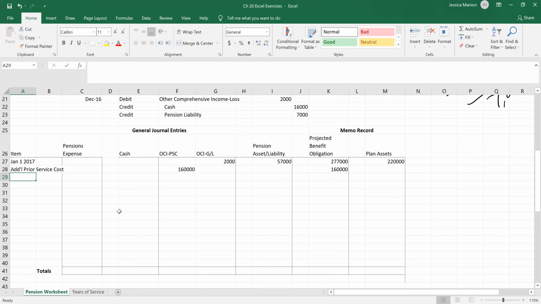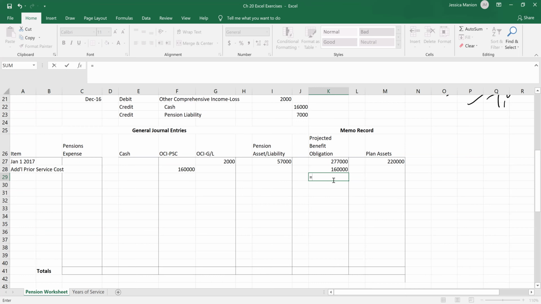Remember, it goes to other comprehensive income because we're not expensing the whole thing. We're only going to expense a portion of it. We're only going to amortize a portion of it. So that prior service cost was the first thing that we needed to deal with on that worksheet. And now, when we've got that additional prior service cost that we add on, that increases the projected benefit obligation.